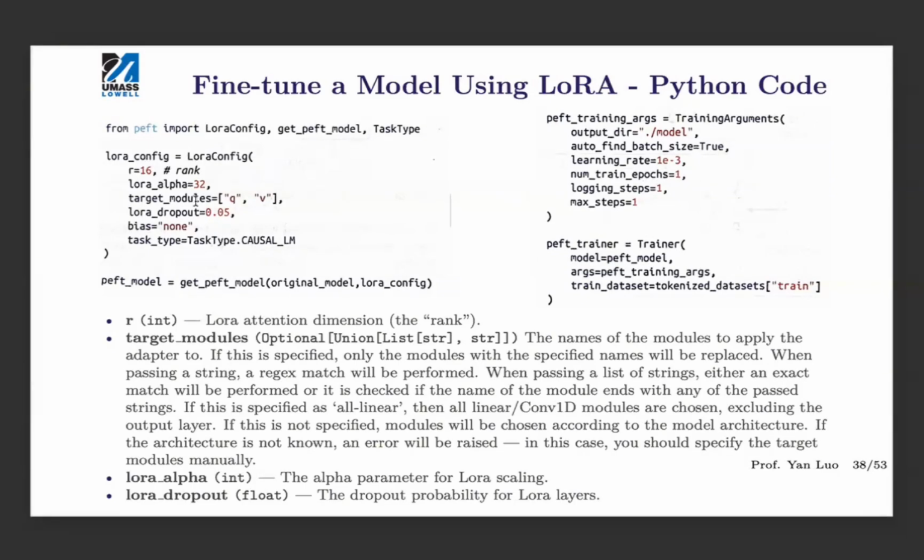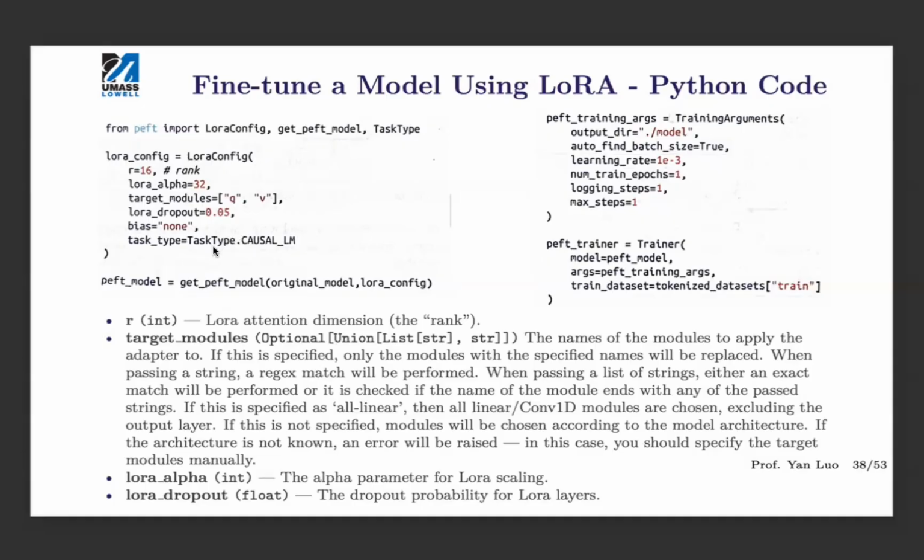Because for a pre-trained model, you have however many transformer blocks, and within transformer blocks, you have different self-attention layers, and you could choose which layer to do this LoRA retraining on. So that gives you a lot of options to select individual layers or exclude some of the layers.